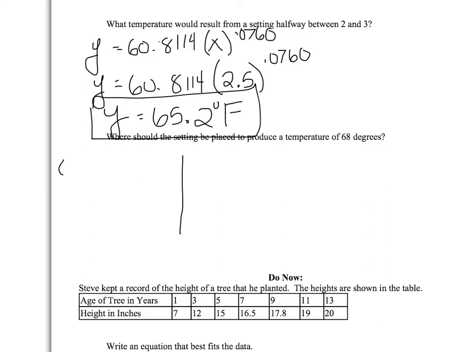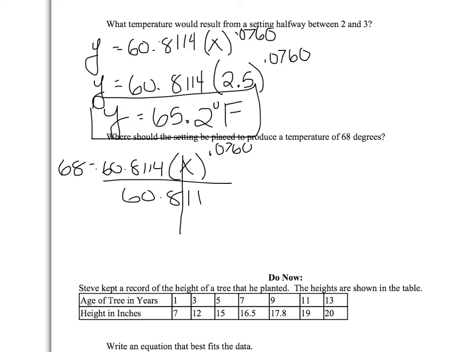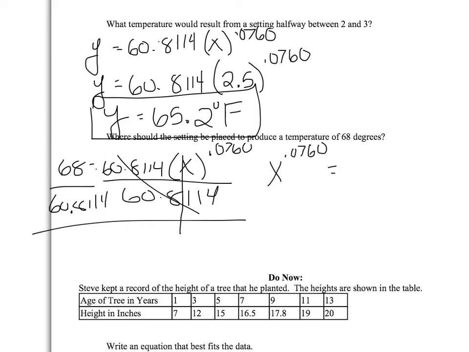So it's going to be 68 equals 60.8114 times x to the 0.0760. To solve for x, we're going to start by dividing by the 60.8114. So we have x to the power equals, I'm just going to leave it like that because it's not pretty.